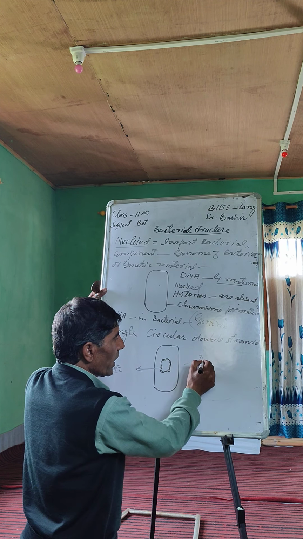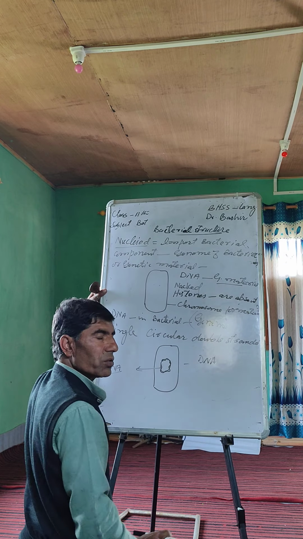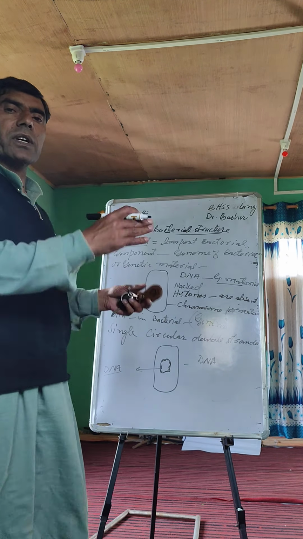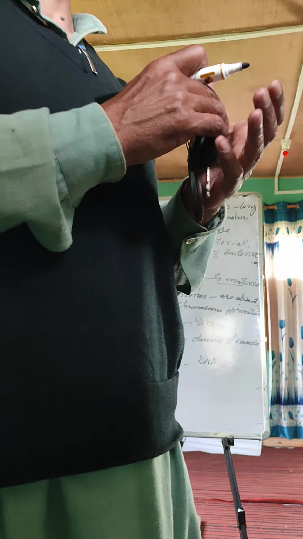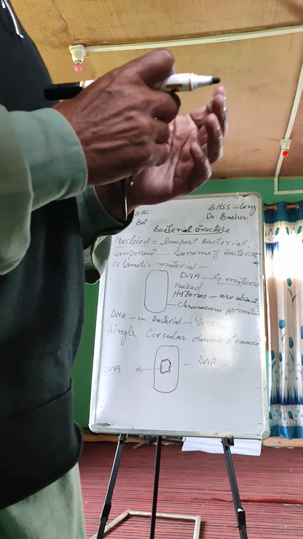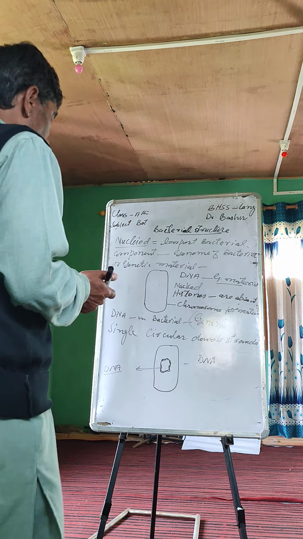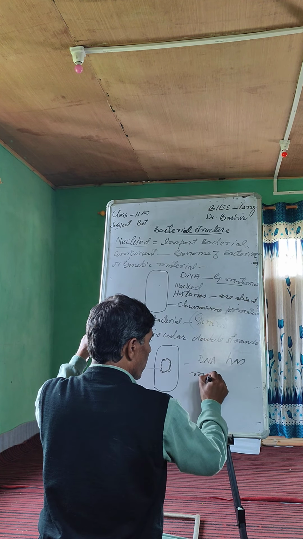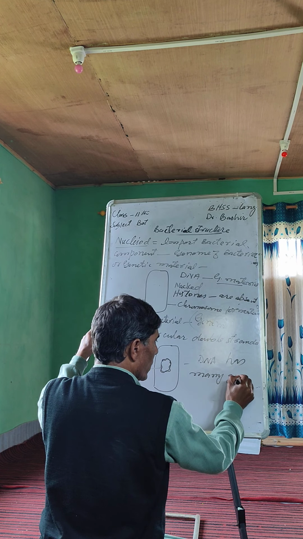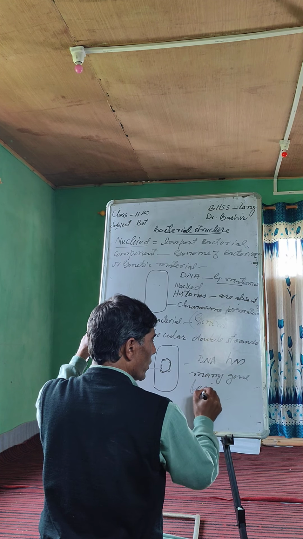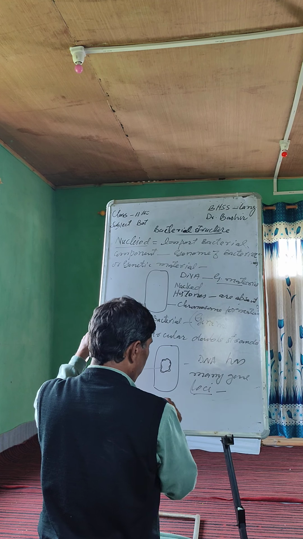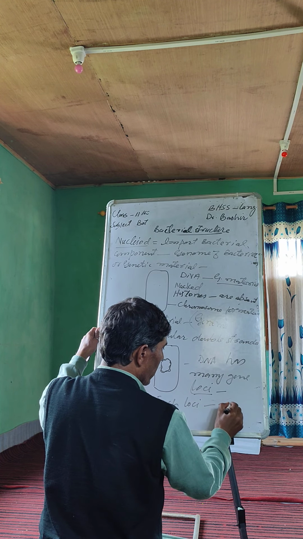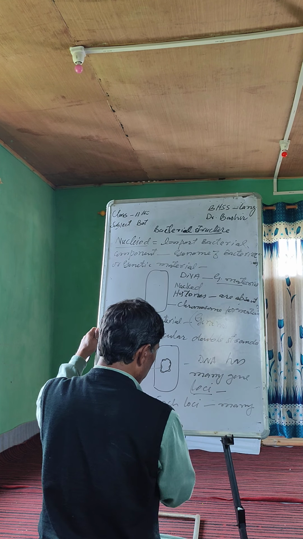This DNA has many gene loci. A locus means a portion of the DNA where specific kinds of genes are present. Locus is singular and the plural is loci, and each locus contains many genes.